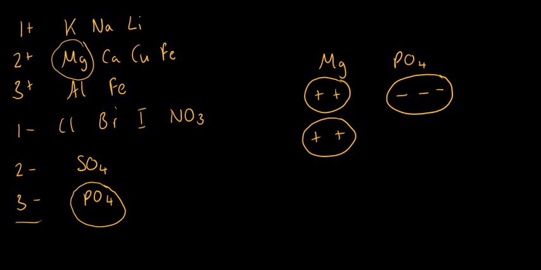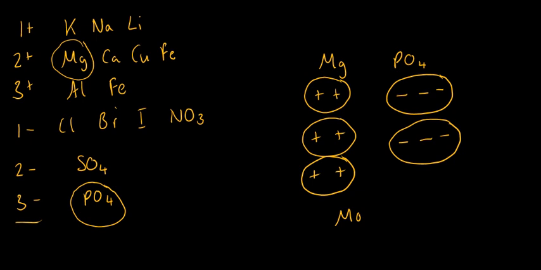So what I need to do is work out how to make this work. So if I added another phosphate, then I'm going to end up with having 6. And then if I add another magnesium on top of that, then I'm also going to have 6. So what I would write here is magnesium 1, 2, 3, and phosphate 1, 2. So PO4, and remember, because we've got a small number here, we're going to have to put a bracket with a 2 next to it, like so.